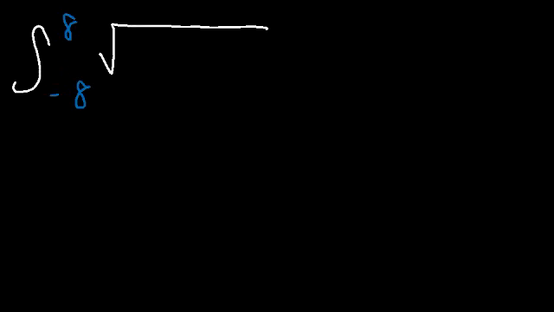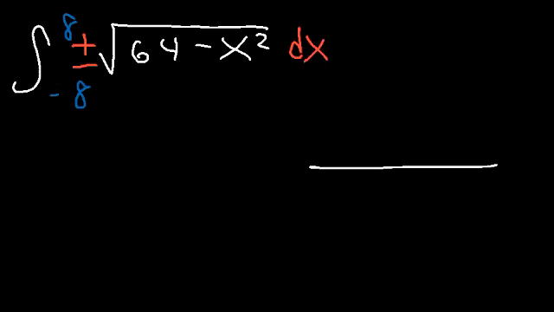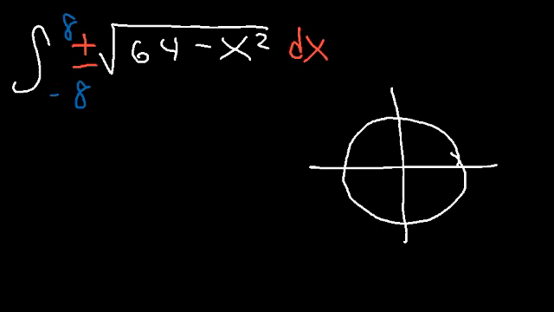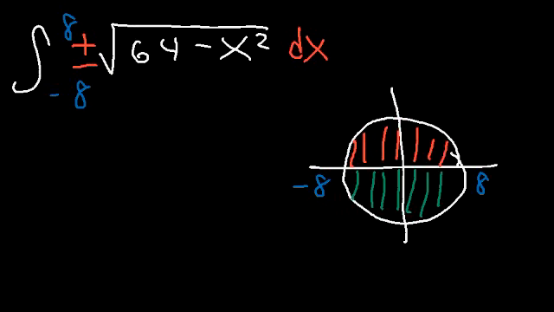Now what about this one? Let's say it's plus or minus. What's the answer in this case? So what is the area and what is the value of the whole integral? From -8 to 8, it's positive and it's negative, so we have the entire circle.